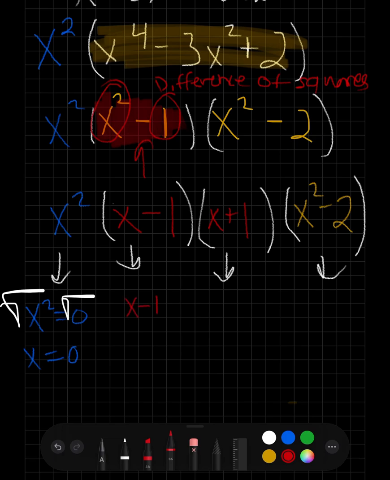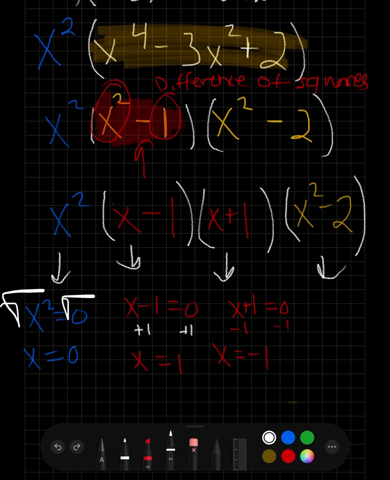And I'll take x minus 1, and I'll set that equal to 0. And I'll add 1 to each side and solve this little equation and get x is equal to 1. I'll take x plus 1 and set it equal to 0. And then I subtract 1 from each side of this little equation, and I get x is equal to negative 1.